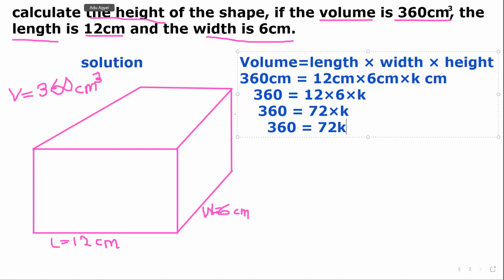Good. So when you reach here, you divide both sides because you wanted to find the K, not 72K.